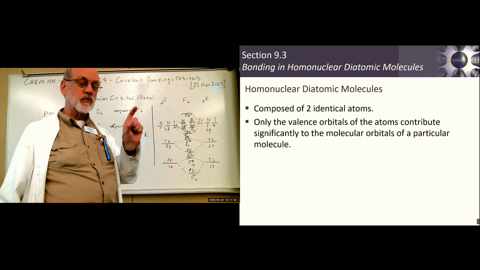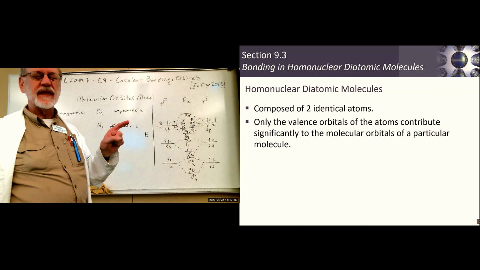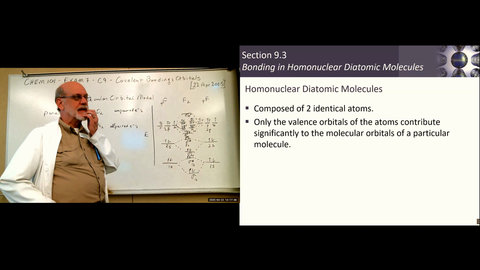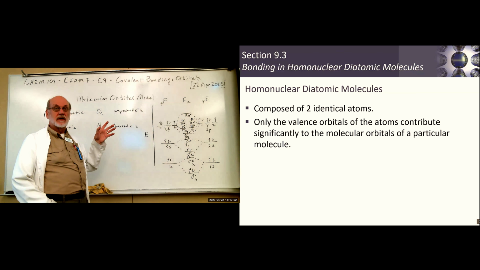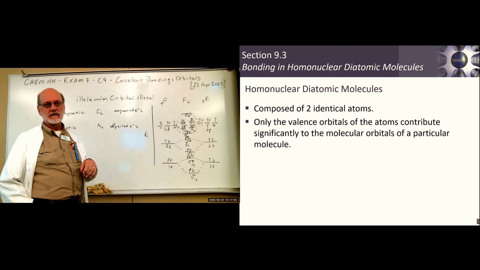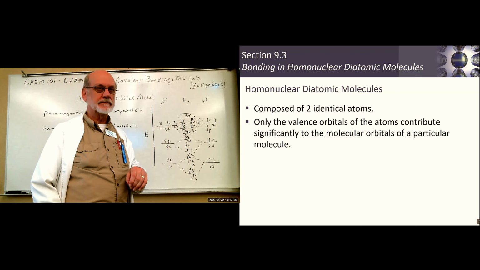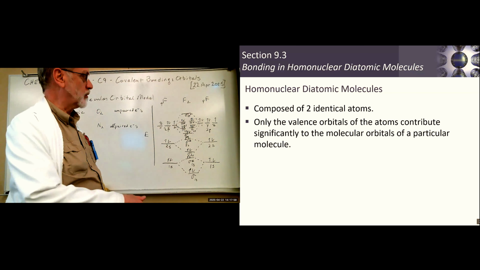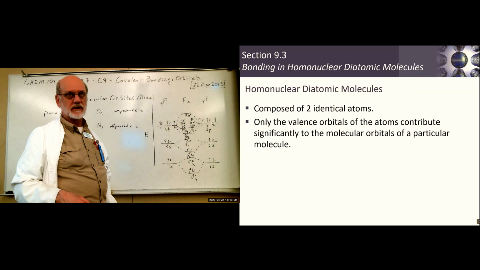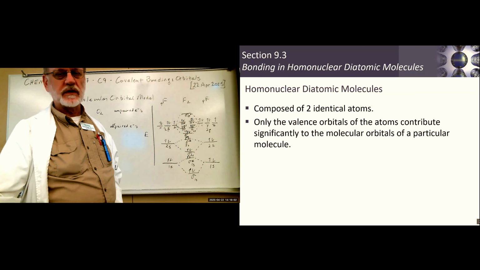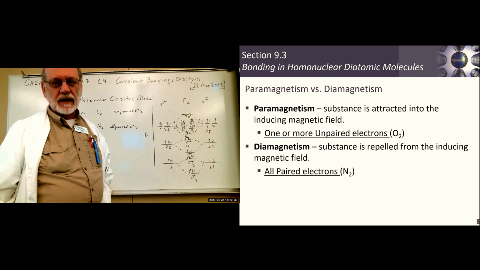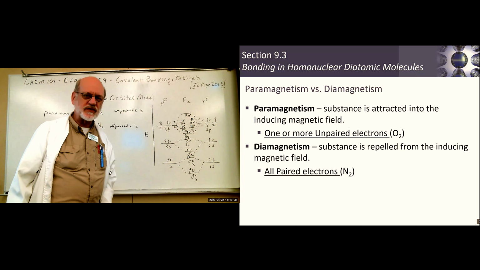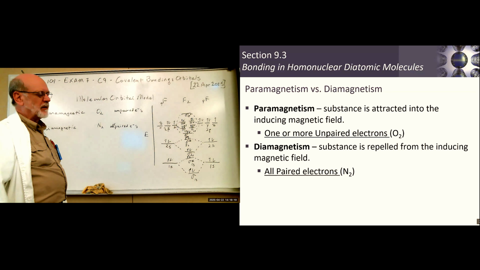If you have at least one unpaired electron, then it will produce a magnetic field that can be attracted into the external field. And this is quantifiable. We can measure the strength of that attraction in a device that I got a picture of in a minute. And these are two examples, right?